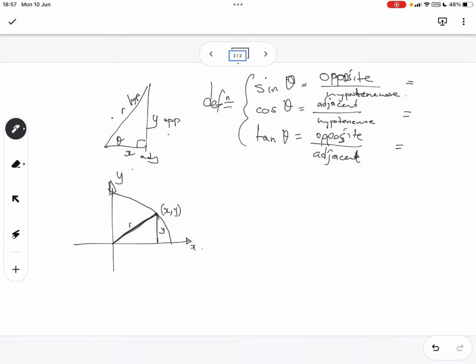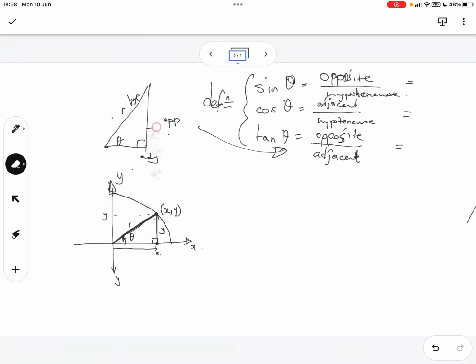If this length is the radius of a circle, and this radius meets the circumference of the circle at the point x, y, then the point corresponds to a height y on the y-axis, and a coordinate x that corresponds to the horizontal distance along the x-axis.